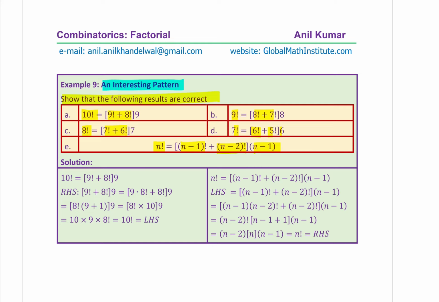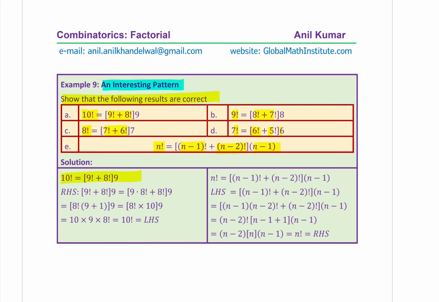Okay, let us check this very first one. 10 factorial, they say, is 9 factorial plus 8 factorial times 9. Let's check it out. So first thing is our strategy. We have to expand the factorial slowly. So 9 factorial can be expanded.